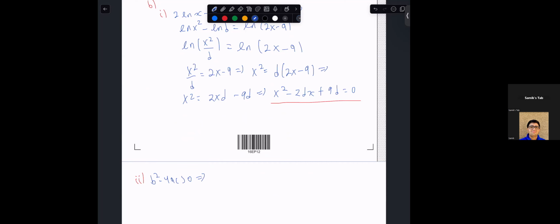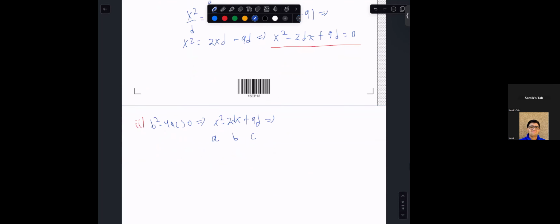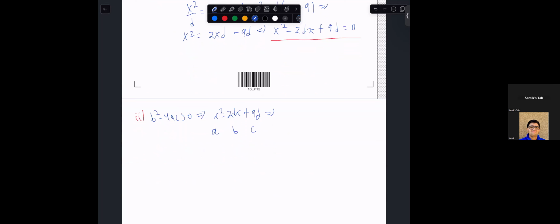Let's write this equation here: x squared minus 2dx plus 9d, and this is a, b, c. So what is b squared? It will be minus 2d whole squared, minus 4 into a, which is 1, the coefficient of x squared, and then c is 9d, greater than 0.